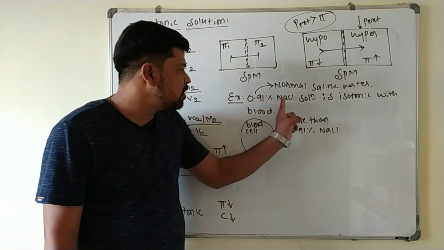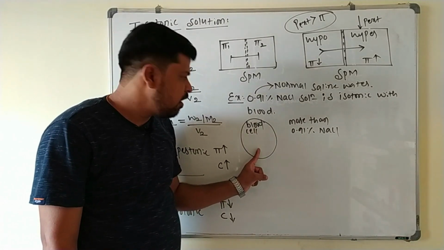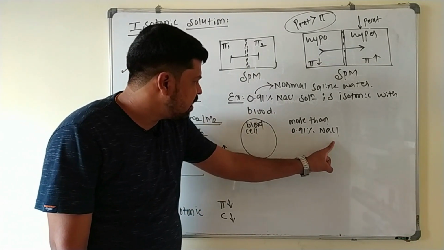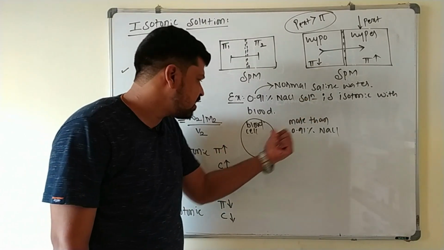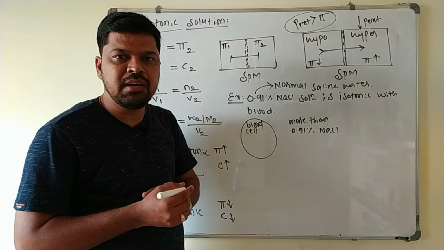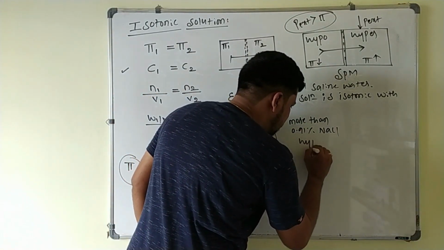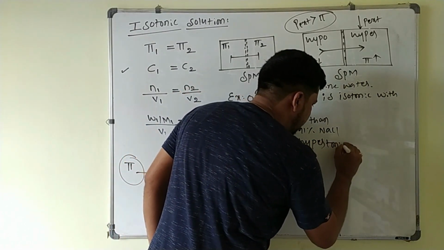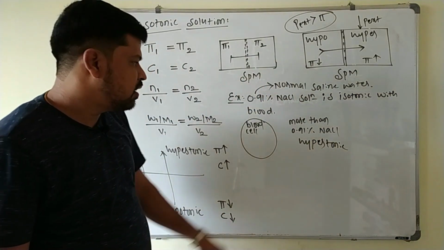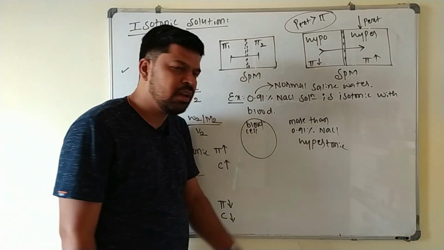Only 0.91% of NaCl is isotonic with the fluids present in the blood. If the concentration of NaCl is more than 0.91%, then the concentration of NaCl is more as compared to the fluids present in the blood. Then this solution concentration is more, meaning its osmotic pressure is also more, hence it acts as hypertonic solution with respect to the blood. Being hypertonic, its osmotic pressure will be more as compared to blood.